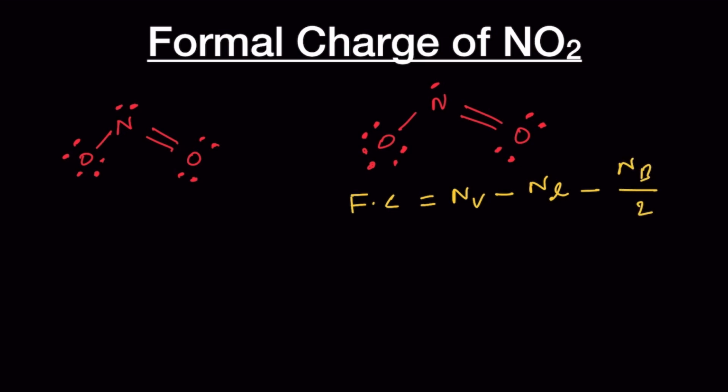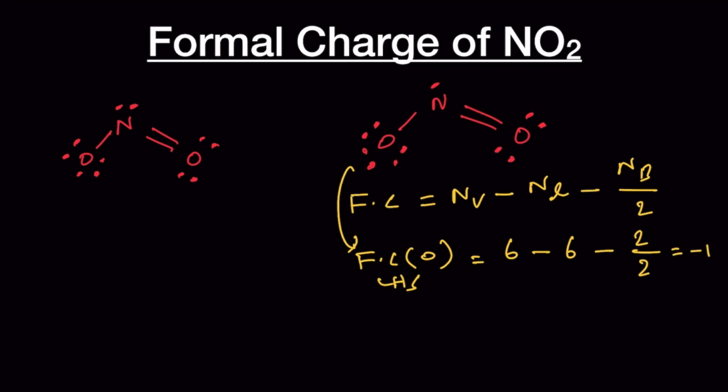Let us calculate the formal charge for the structure that is there on the right hand side. So, formal charge for the oxygen atom that is there on the left hand side, this one, is equal to, we have 6 valence electrons in oxygen minus we have 3 lone pairs, therefore 6 electrons, minus we have 1 bond, therefore 2 by 2. 6 minus 6 is 0, minus 2 by 2, therefore that will be equal to minus 1.